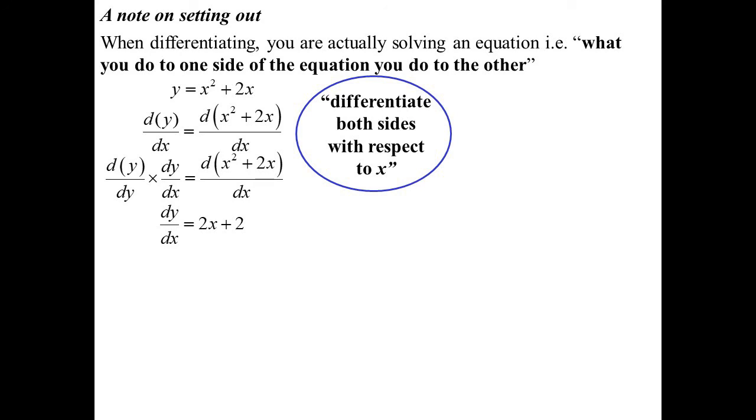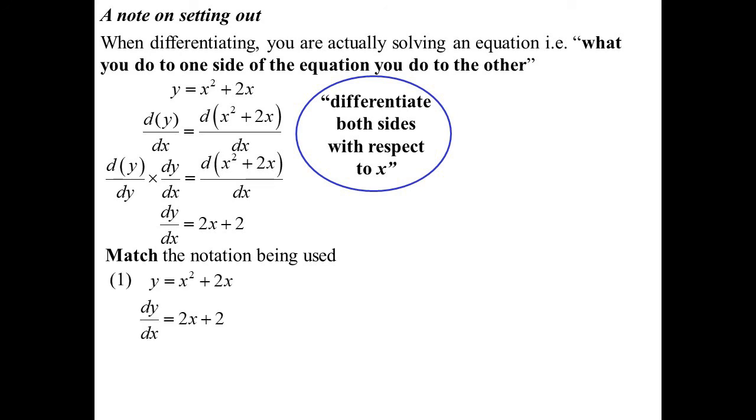Of course, in reality, I just go y equals x squared plus 2x, and I write the answer down, 2x plus 2. What's important is you match the notation being used. That's what I was saying before. So if it says y equals, then I'm going to say dy/dx equals. Or I might use the dash notation, so I might go y dash equals 2x plus 2.